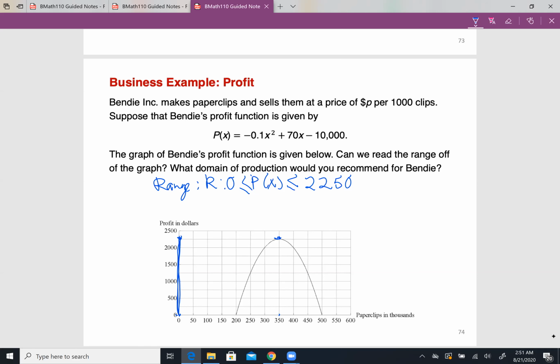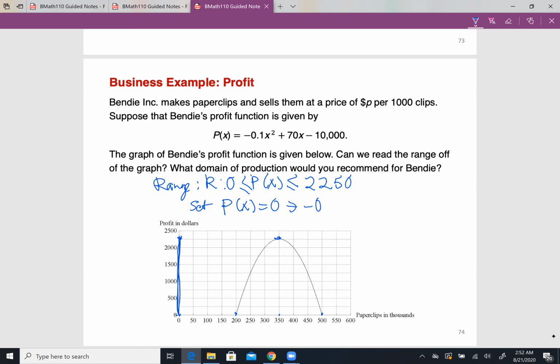What about the domain? You should know exactly these 2 points. But in order to know exactly, you need to set P of x equal to 0, because these are 2 x-intercepts. So set P of x equal to 0.